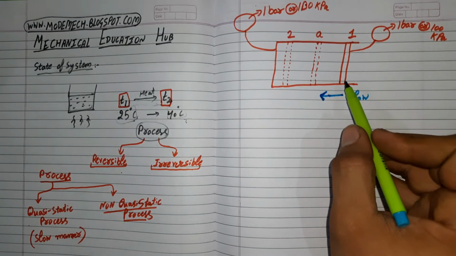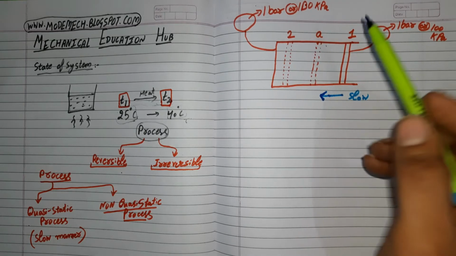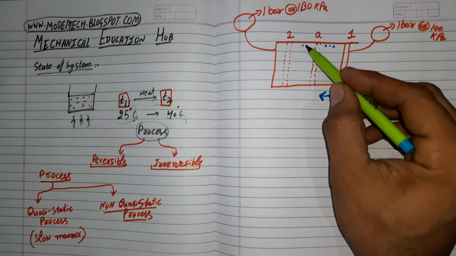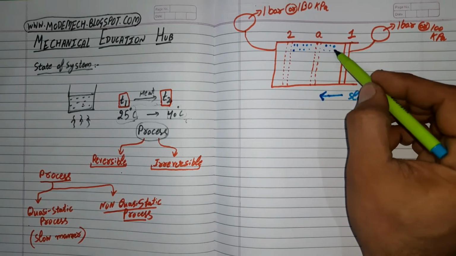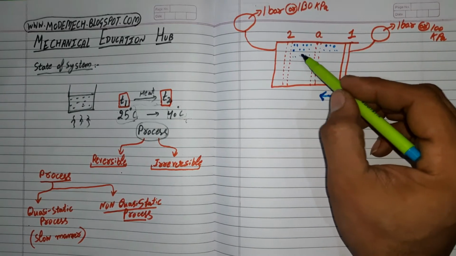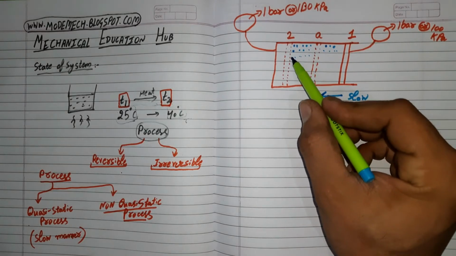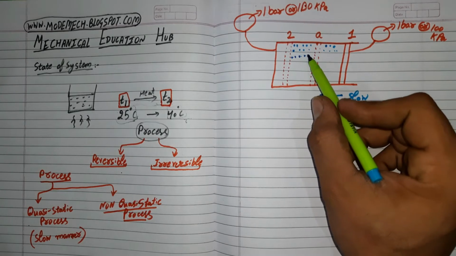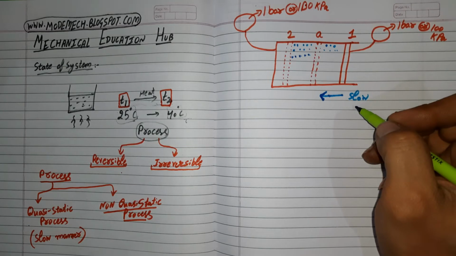Because it is a very slow process, the gaps between the molecules present inside the system will start decreasing gradually. As the gap between the molecules decreases gradually, our pressure will rise gradually in a very slow manner, not instantly, because this process is very slow.